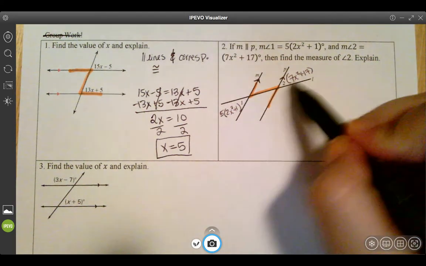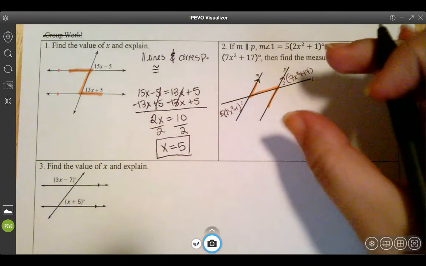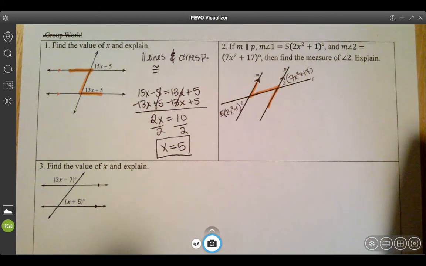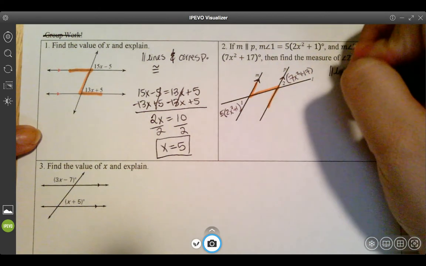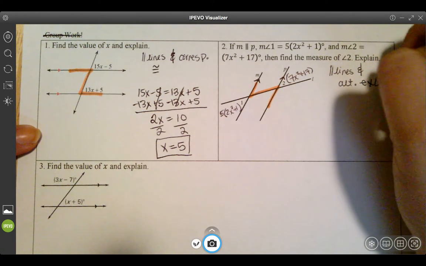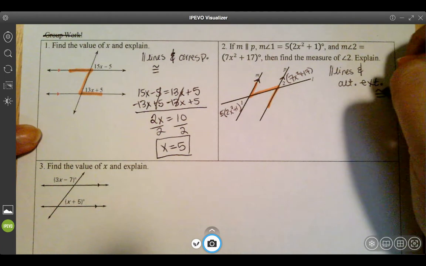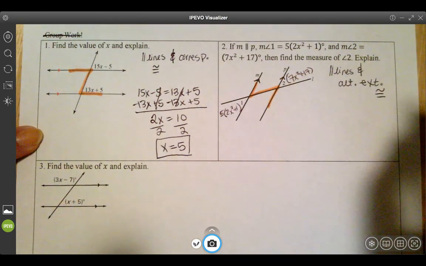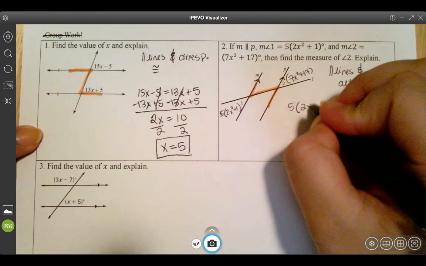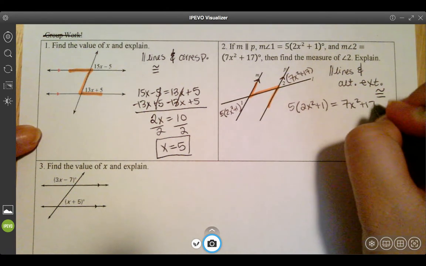So first I need to know what's the relationship between these angles. They are alternate exterior angles. So parallel lines and alternate exterior angles, are they supplementary or congruent? They are congruent. And so we can set them equal to each other. 5 times 2x squared plus 1 equals 7x squared plus 17.